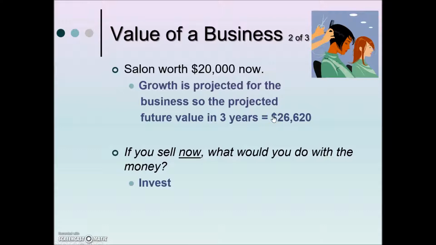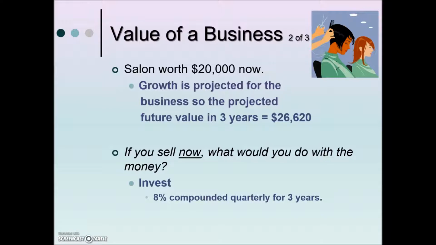So to help us decide what the asking price is because of this potential growth, we take a look at what we would do with the cash today. And here's a scenario that we'll take a look at to illustrate this. We're going to invest the money, and we've found that we can invest it in an account that is compounded quarterly, paying 8% during these 3 years.